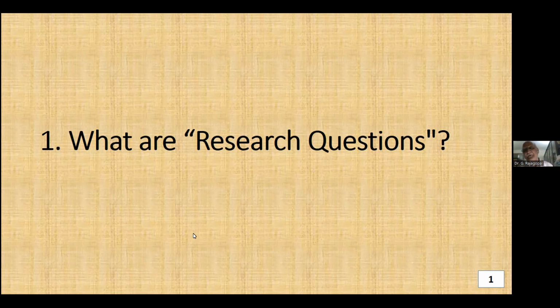Now, the last point here is, how many research questions should I have? My experience tells me that if I'm able to identify 3 or 4 research questions prior to starting my research, that will be more than adequate.